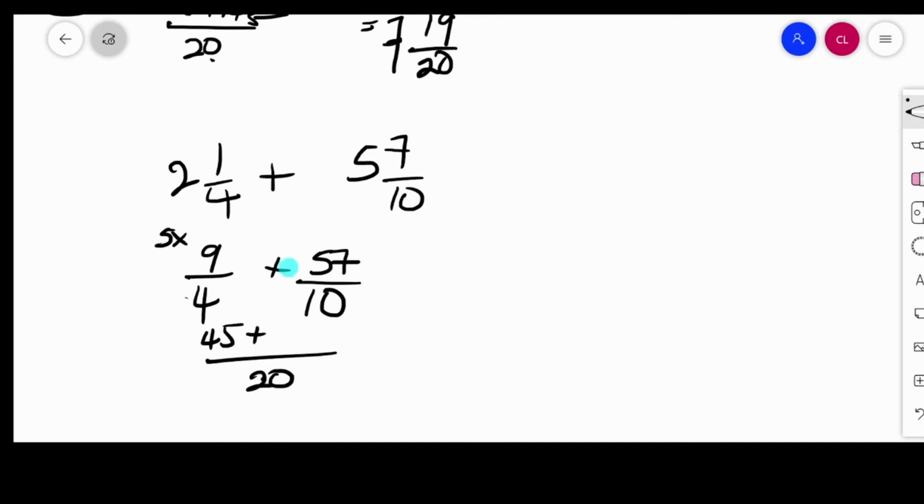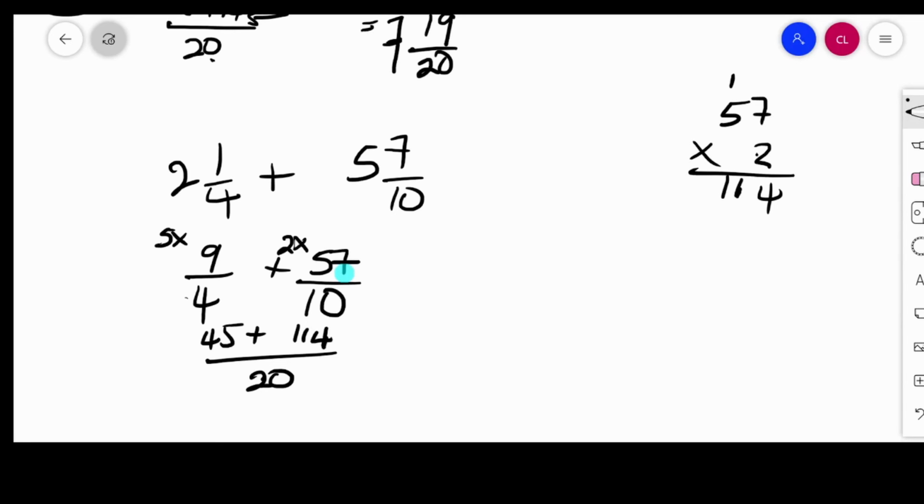Now 5 9s would give us 45, plus, and 10 into 20 is 2 times, so this would be 2 times our 57, and 2 7s would give us 14, carry our 1, and 2 5s are 10 and 1 is 11, so we have 114 here.